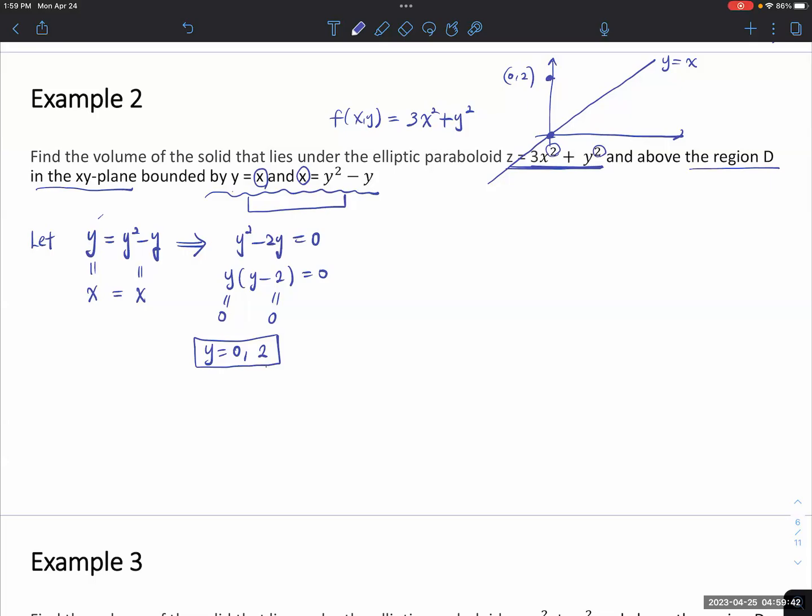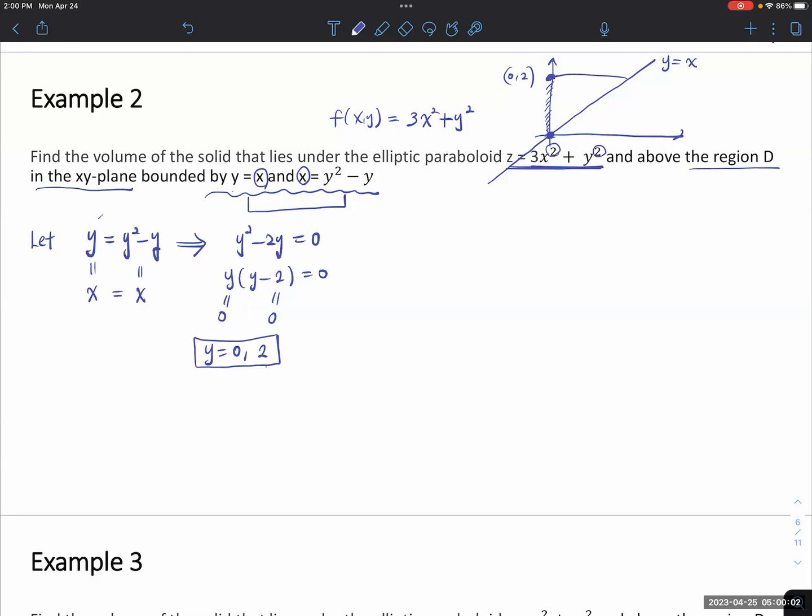So it looks like y is fixed. But then I think something is passing through this point because this is the intersection point. So if I imagine the region, something is going on like this.